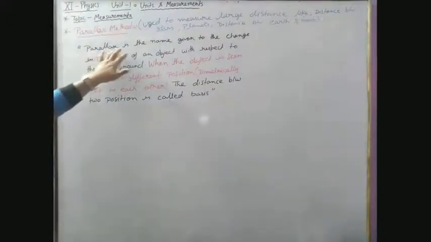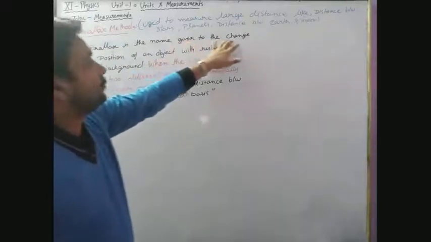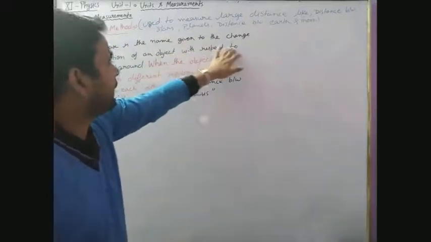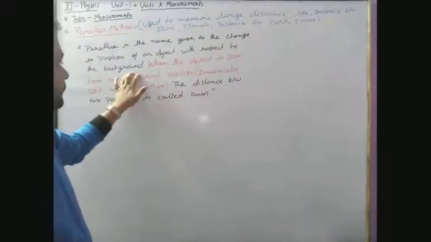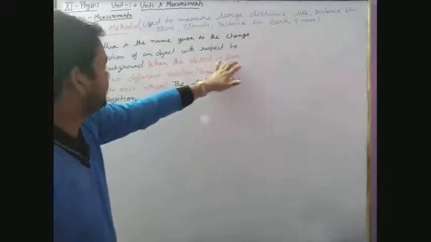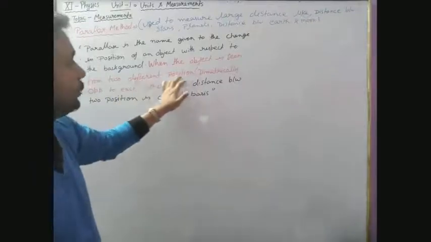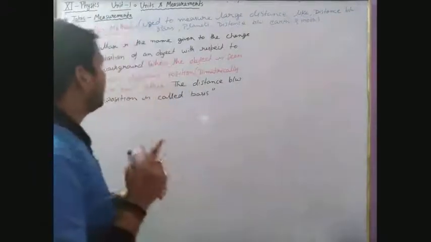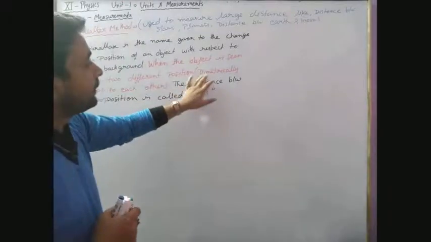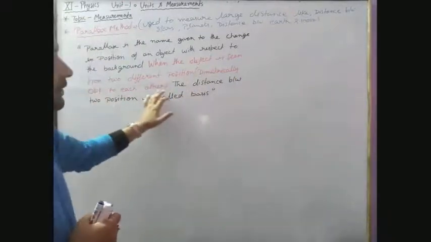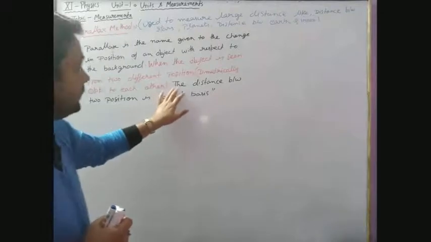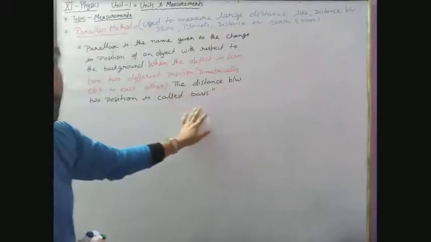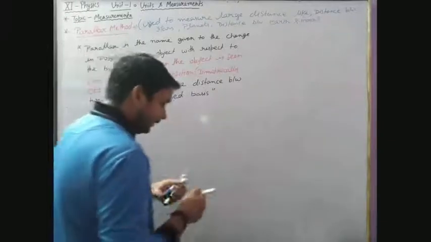So parallax is the name given to the change in the position of an object with respect to the background when the object is seen from two different positions. These two positions are very far away from us and diametrically opposite to each other. Therefore the distance between the two positions is called the basis.